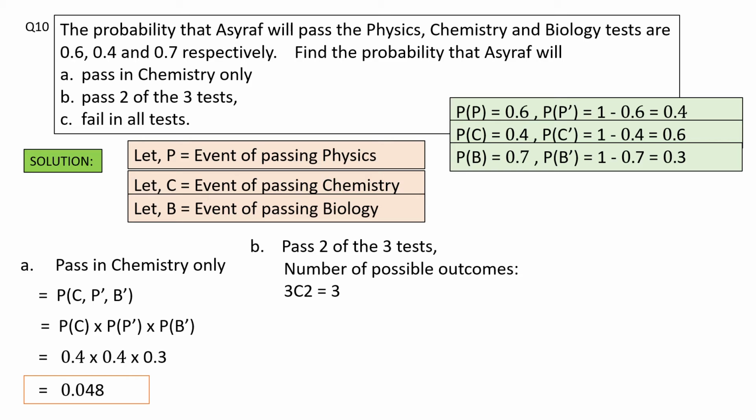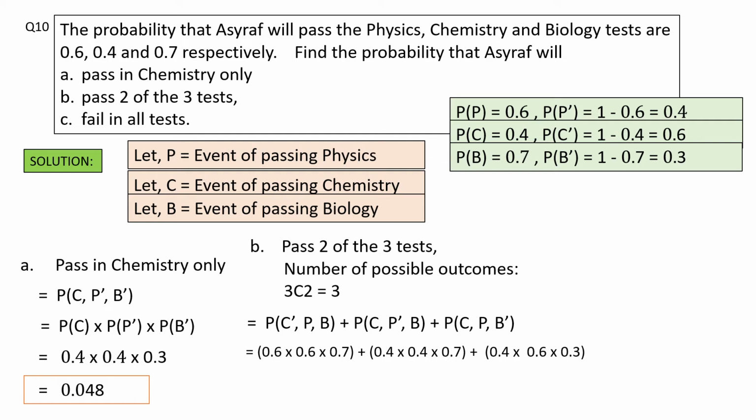That means we have 3 possible outcomes here. So let's list out all 3. The first one can be probability chemistry fail, physics pass, biology pass, or probability chemistry pass, physics fail and biology pass, or probability chemistry pass, physics pass and biology fail.